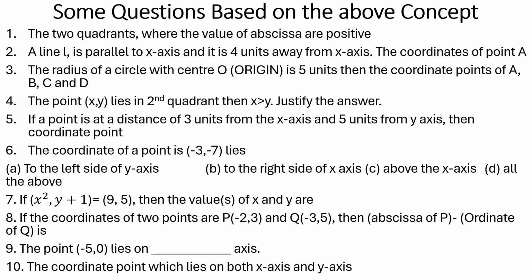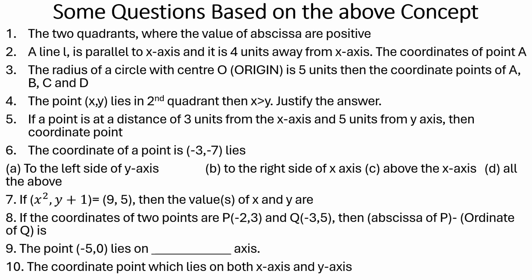The coordinate point of A is, so parallel to the x-axis, I'm talking about x being 0. So I'm talking about either 0, 4 or 0, -4. Both values are possible for coordinate point A.